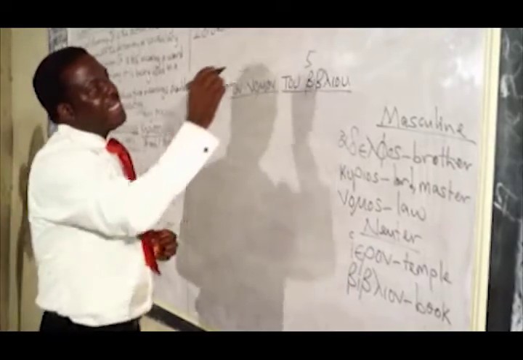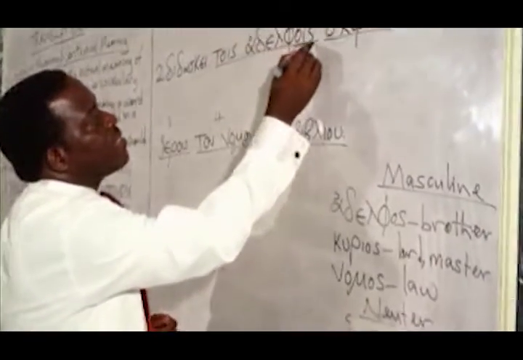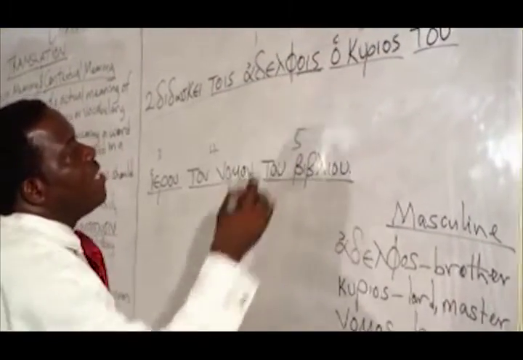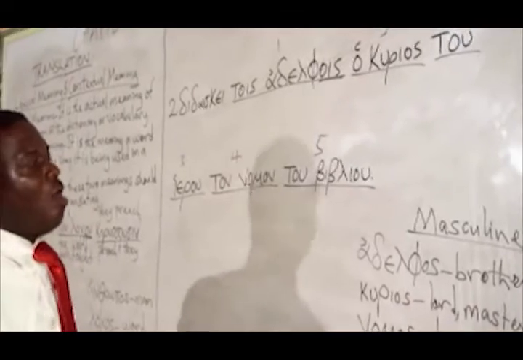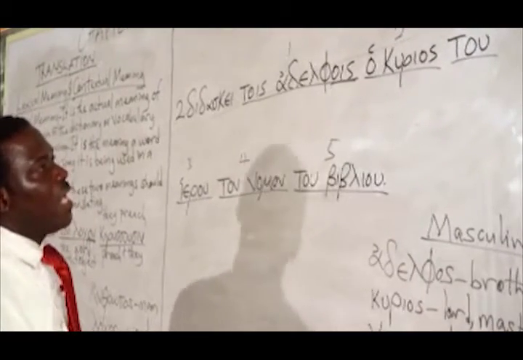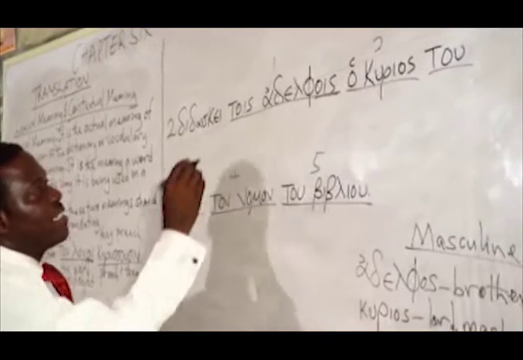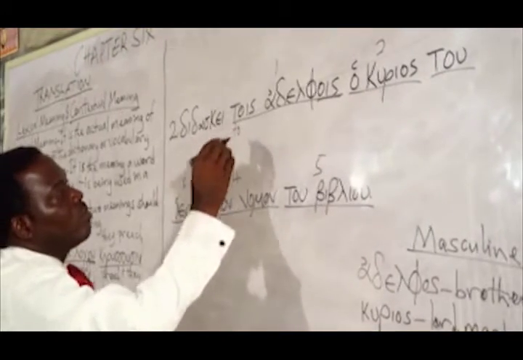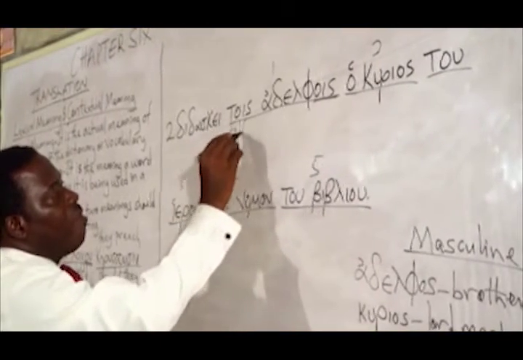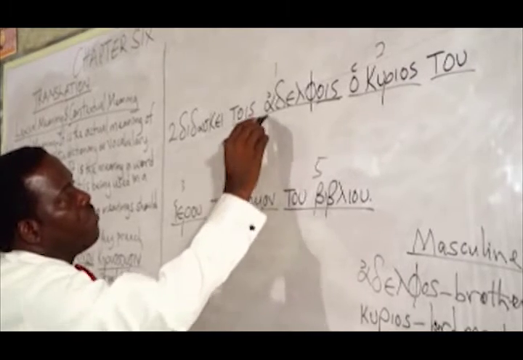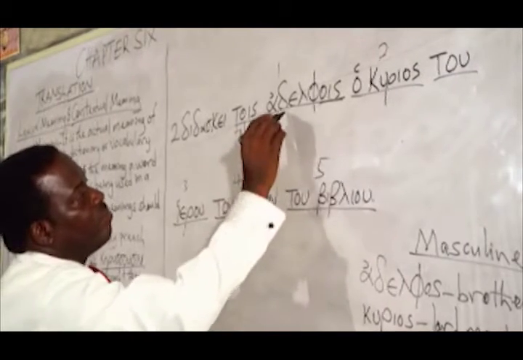The first one is adelphos. The ending is the dative plural of a masculine noun, which means this will either be to or for the brothers in translation.